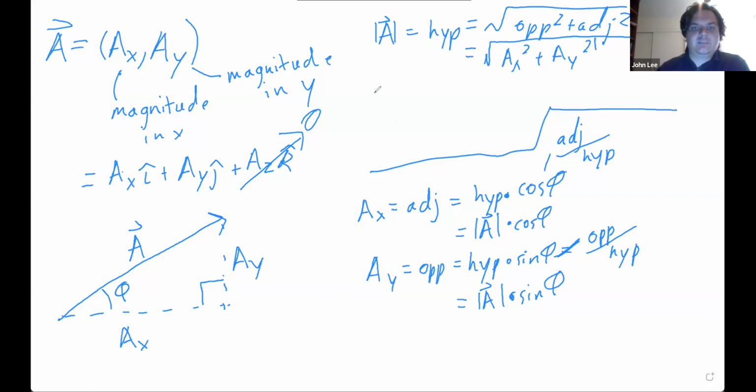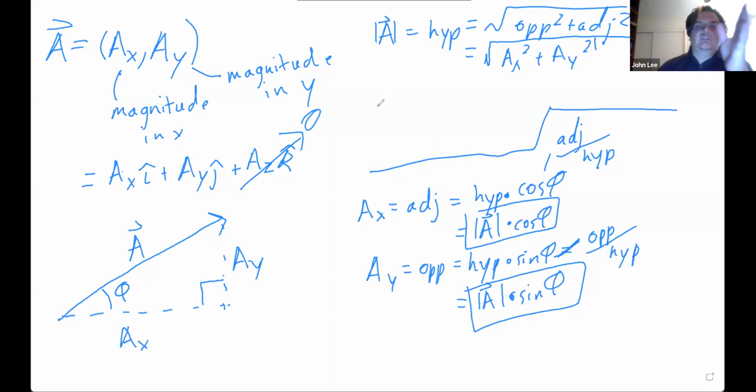And then tangent. So we have AX and AY, and we know that sine of phi and cosine of phi are proportional to AY and AX.